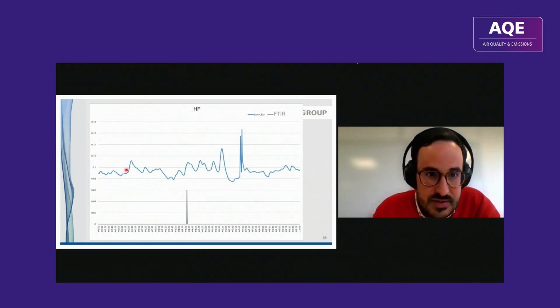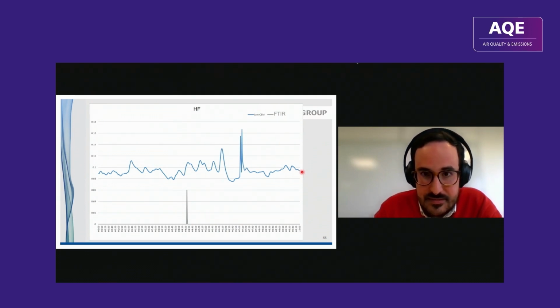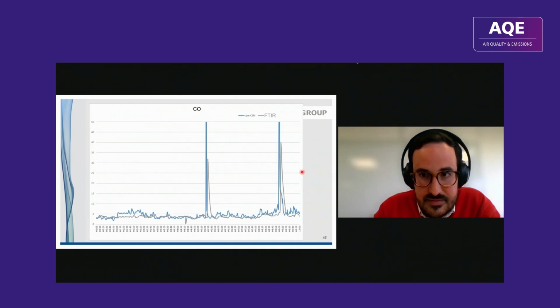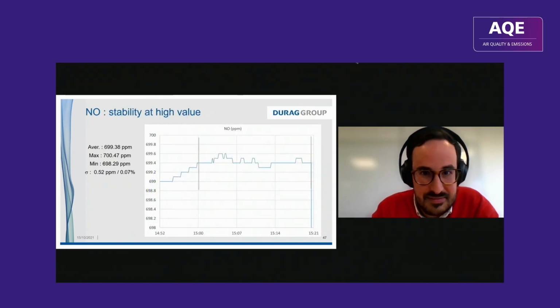Here you have the continuous value around 0.08 milligram of HF in the stack, and with the FTIR you just have a flat line because you are really at the limit of the technology, and you see that only the OFCEAS can see such low concentrations in the stack. Some more examples where we always see that the laser SEM is faster than the FTIR. Stability, yeah, I think I don't have the time anymore.